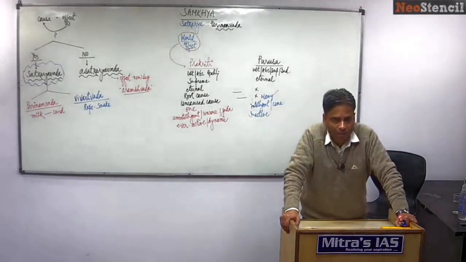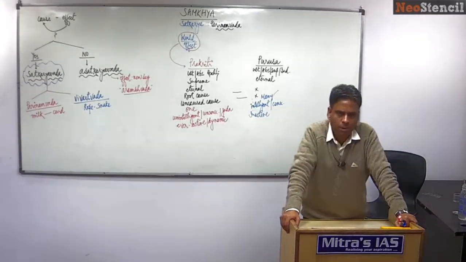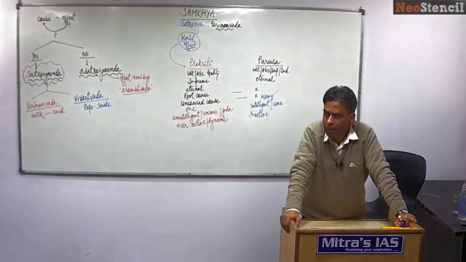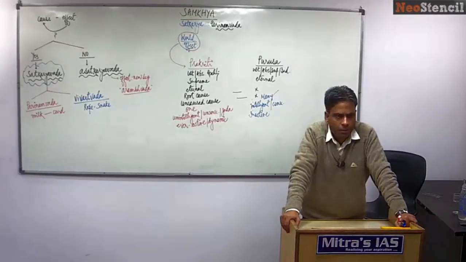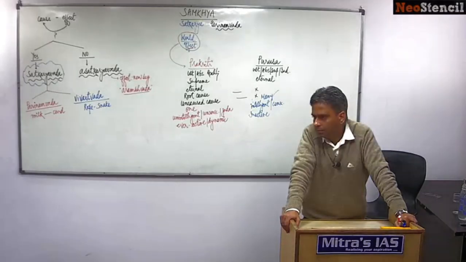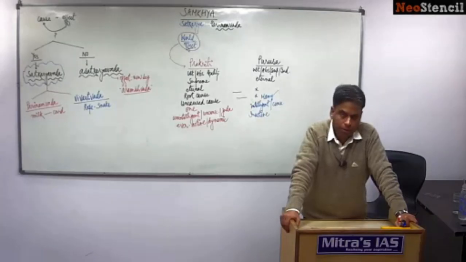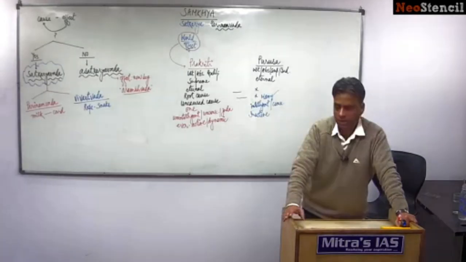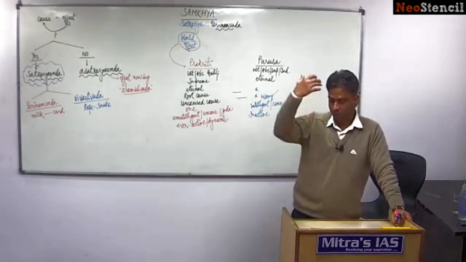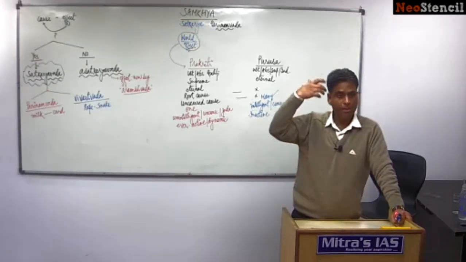Because of the interplay. Word is important. Due to the interplay of Prakriti and Purush. And this is where they have said Prakriti is the root cause, and they have answered my question, that what is that which prevails in me?